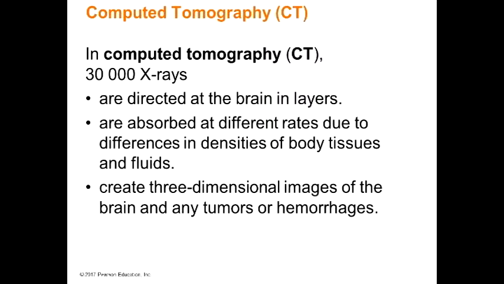Computer technology here: when using computers, 30,000 X-rays are directed at the brain in layers and are absorbed at different rates due to differences in density of body tissue and fluids. This is computed tomography.